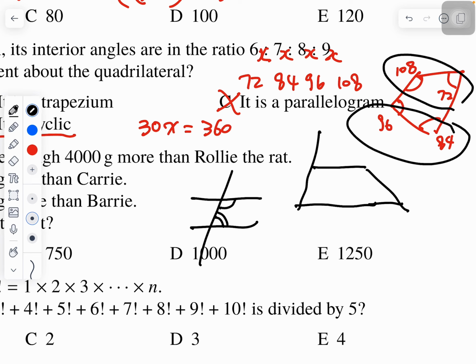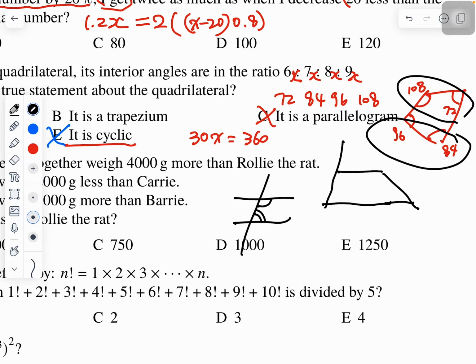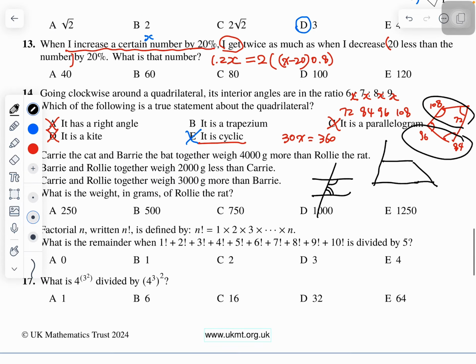So this is how we can decide that this quadrilateral becomes the trapezium.